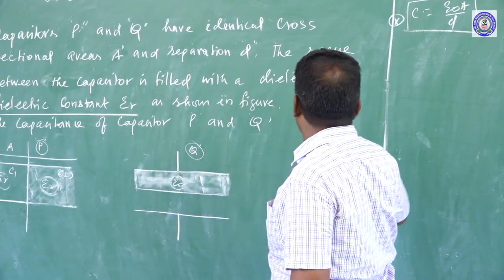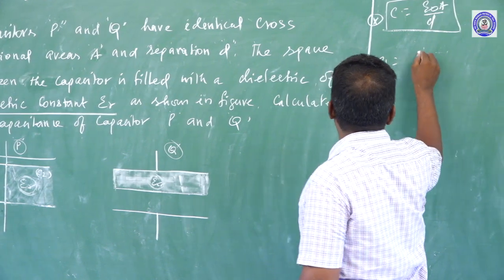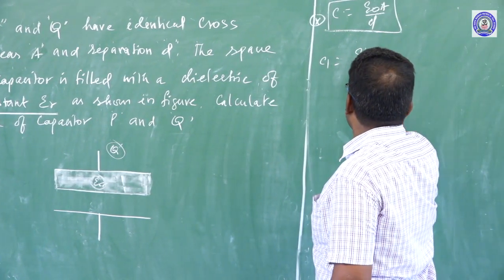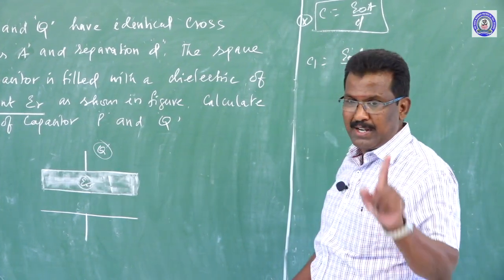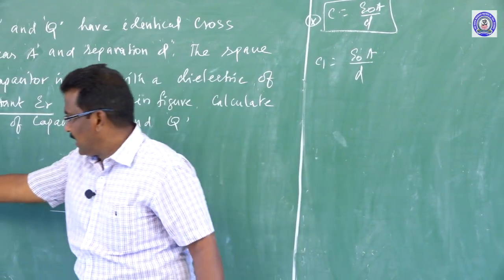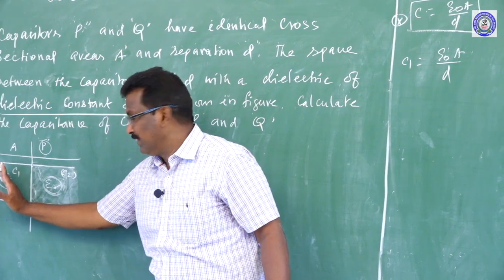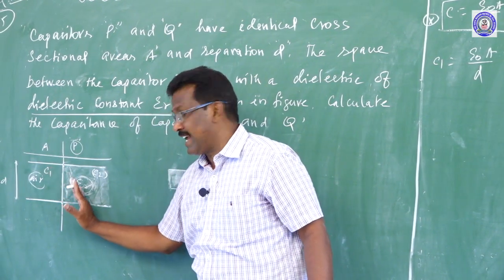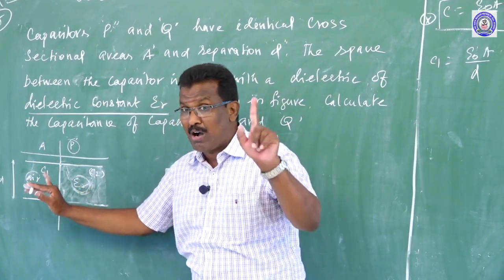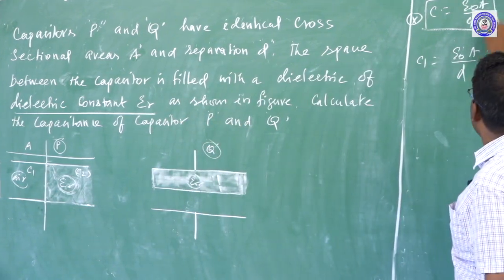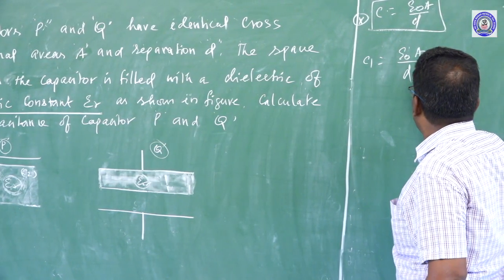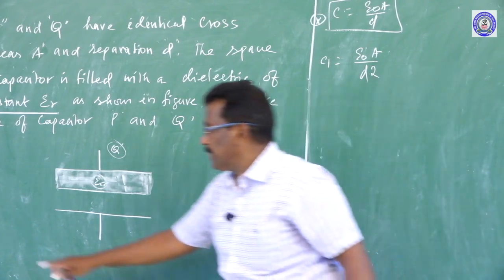So C1 is equal to epsilon naught A by D, but only half the area is filled with air, so the area becomes A by 2 for capacitor C1.